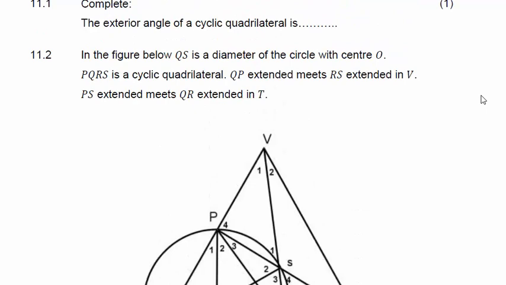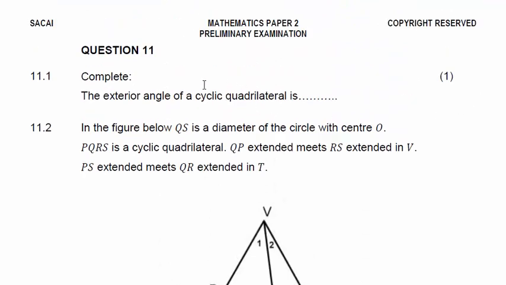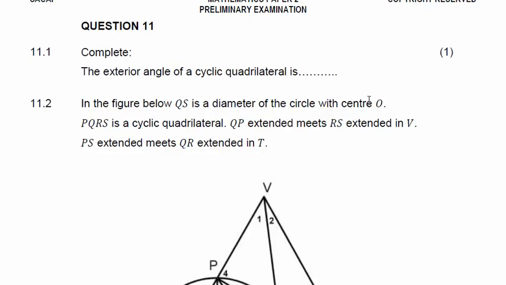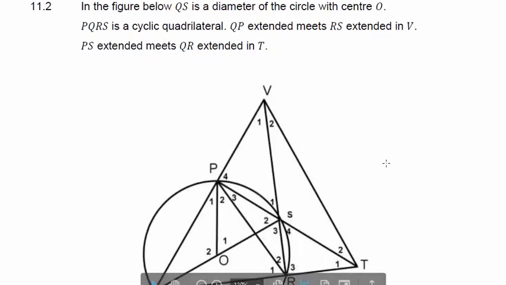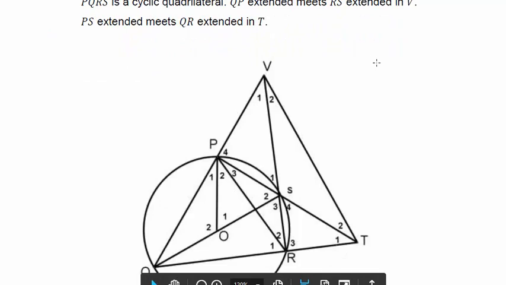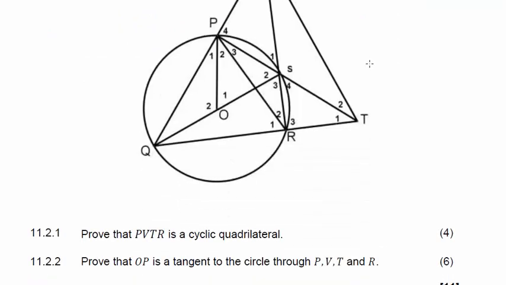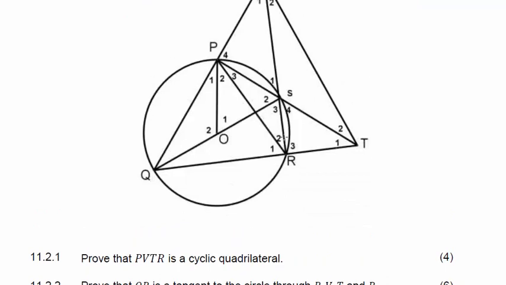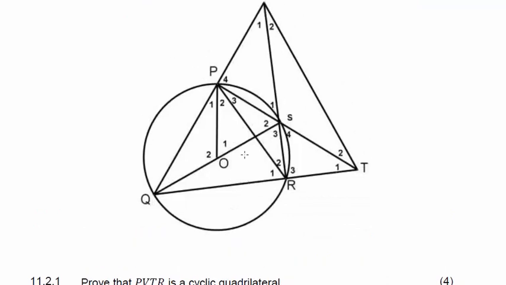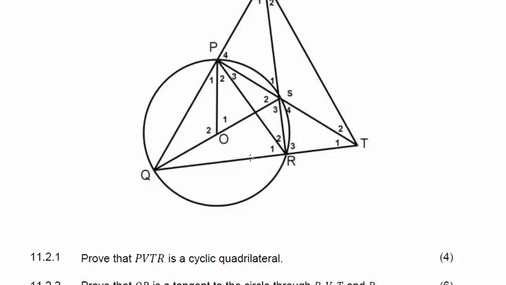Okay, let's look at this question maybe. The exterior angle of a cyclic quadrilateral is equal to the opposite interior. Yes. And here they give you a triangle. I don't have enough time to go through the steps with you, but I want to show you what we call problem solving.